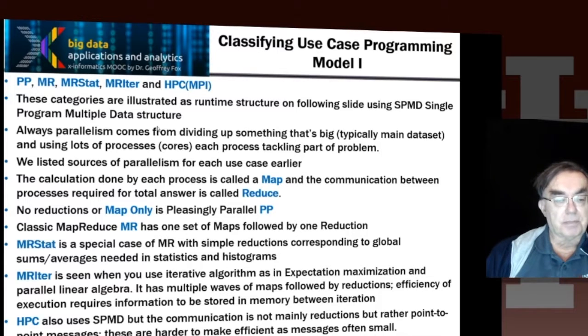MRStat I just put down because it's quite common, where the reductions are really simple, global averages, so they really take no time. At least in that particle physics case, the global averages are very fast compared to the 10 seconds it takes to process an event.